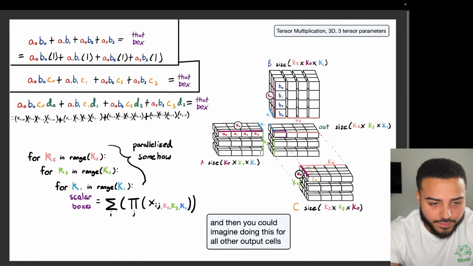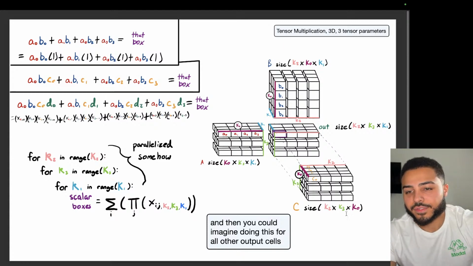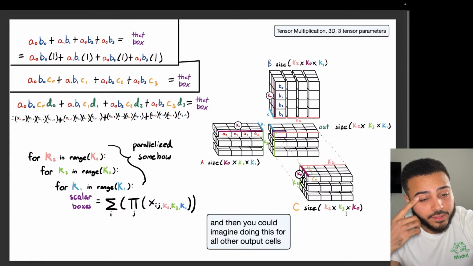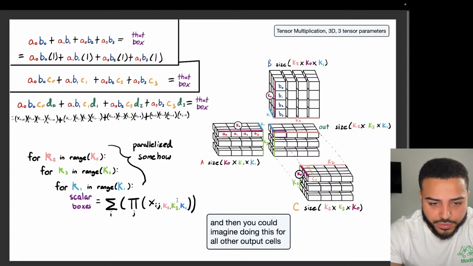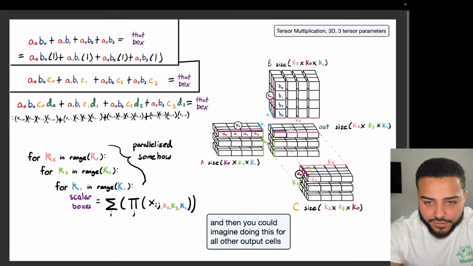Okay, so just pause here for a second. If anything's unclear, let's see. I think this is pretty clear. So at each iteration of this for loop, say you incremented K2, you started on this K2 and then you're on this K2 for all of these, all of these, all of these, all of these.